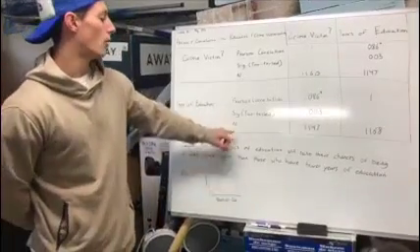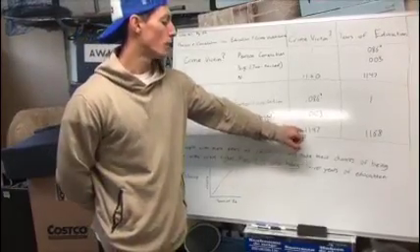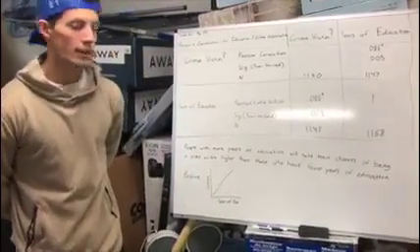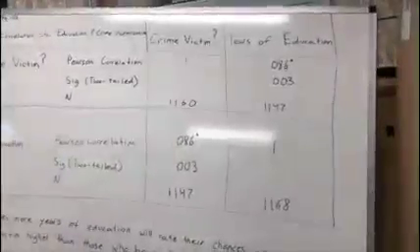And lastly, our N is our sample size, and as you can see, our sample size is 1,147. And you can see this box right here is identical to this box over here.